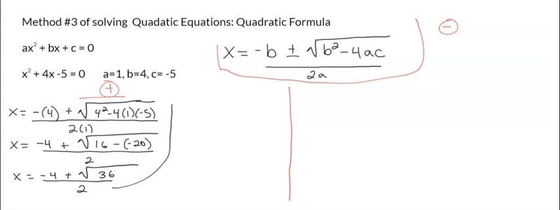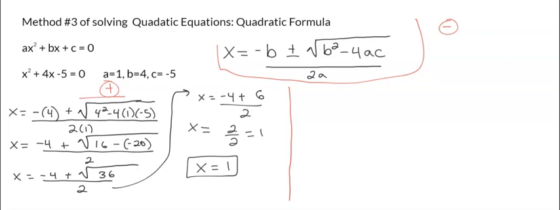The next step will be x is equal to negative 4 plus the square root of 36, which is 6, over 2. Negative 4 plus 6 is actually positive 2 over 2. And 2 divided by 2 is 1. So first x is 1. Okay, for the positive side.